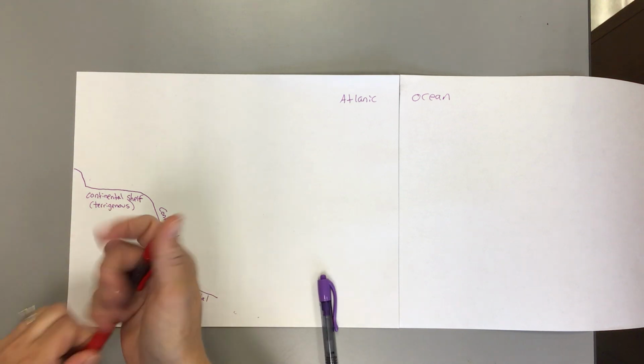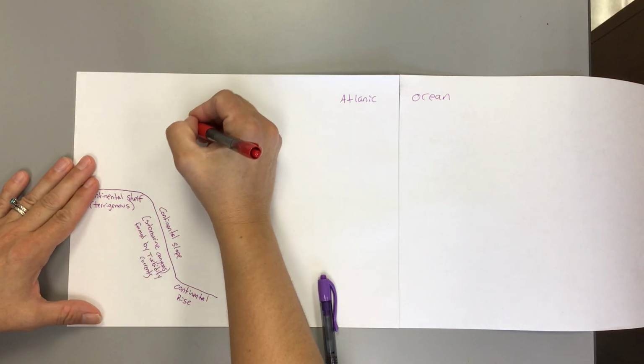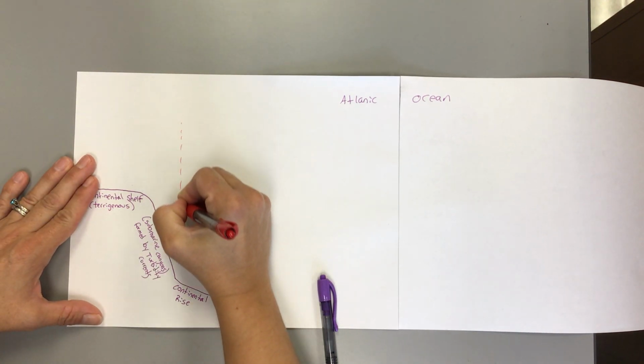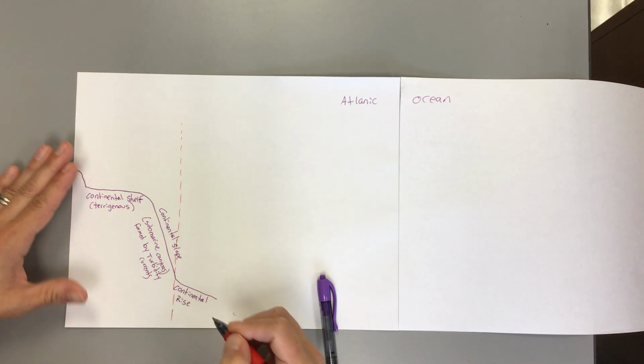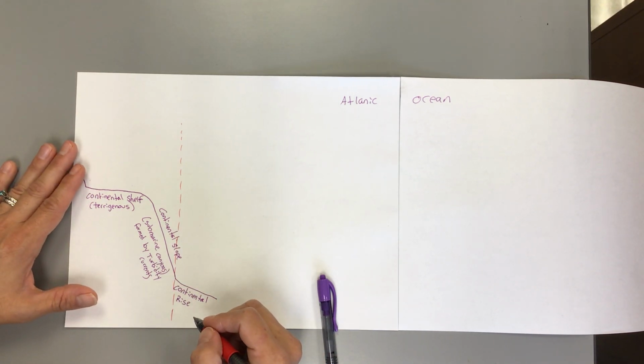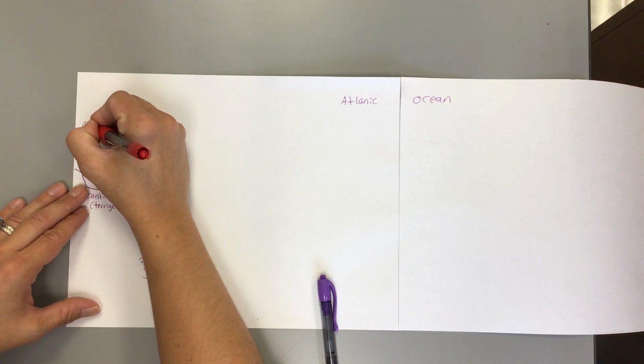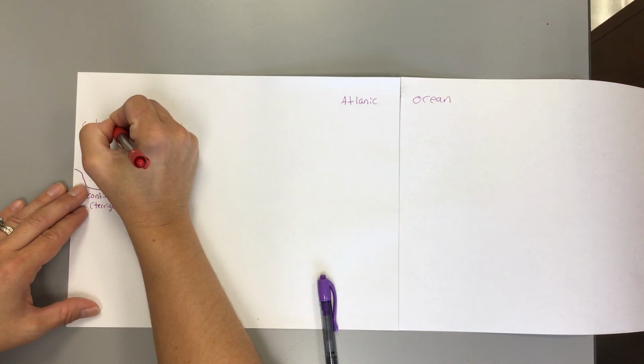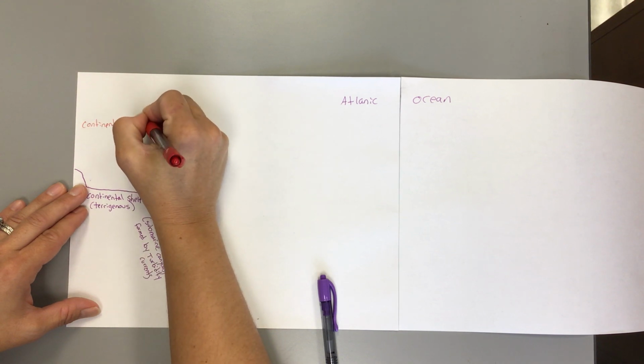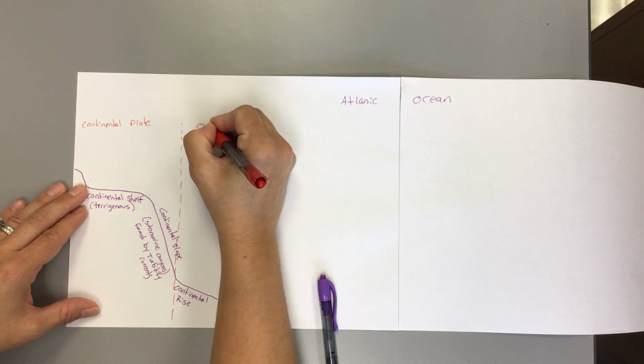Now I'm going to pause, and I'm going to draw a line here. This dashed line represents the boundary between a continental plate and an oceanic plate.